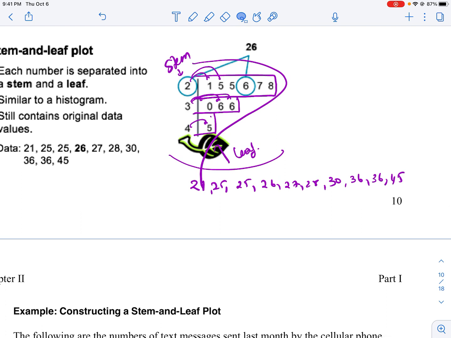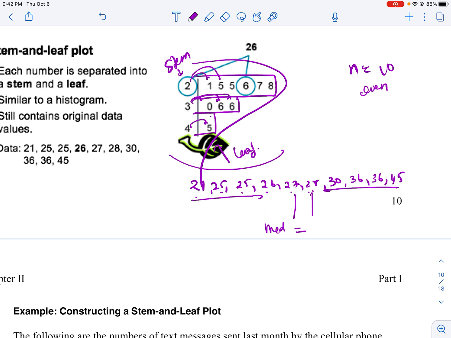If I don't have a lot of data, for example, here my n is equal to 1, 2, 3, 4, 5, 6, 7, 8, 9, 10. So it's even. Then to get my median, it's somewhere right there in the middle. 1, 2, 3, 4, 5. 1, 2, 3, 4, 5. So my median is going to be 27 plus 28 divided by 2.